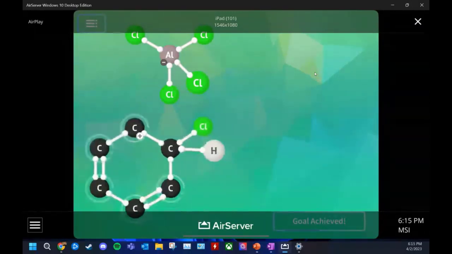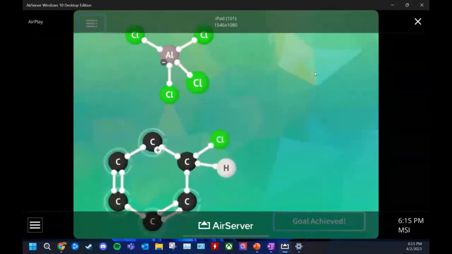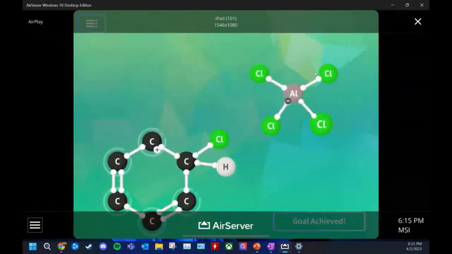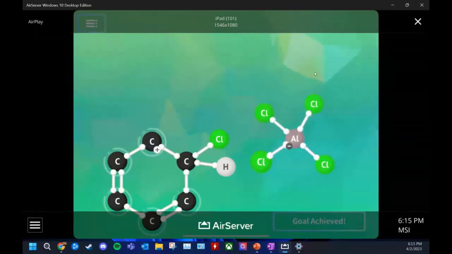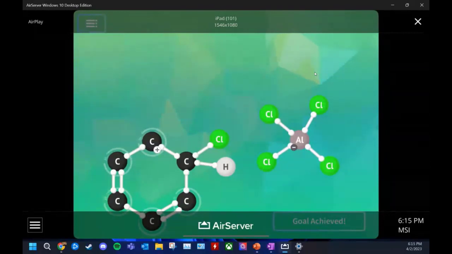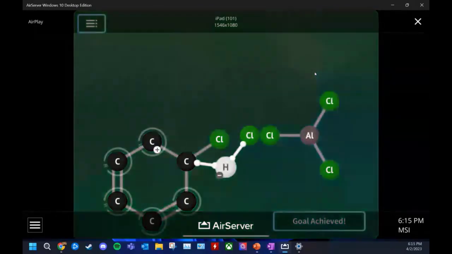Now, remember, we still want to do an elimination reaction to complete that benzene ring again. So we have this H over here. Now the AlCl3, that is our Lewis base. One of the Cl will grab that H, and now it's kind of like a decision point.